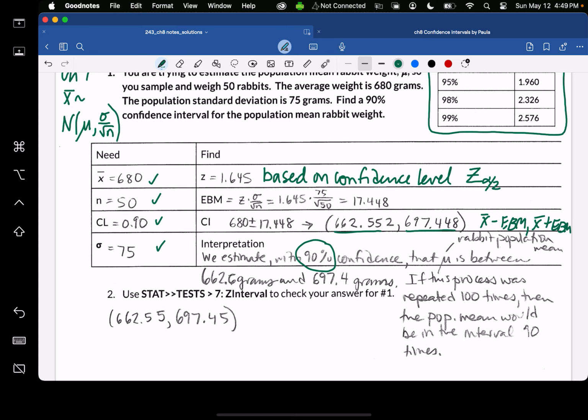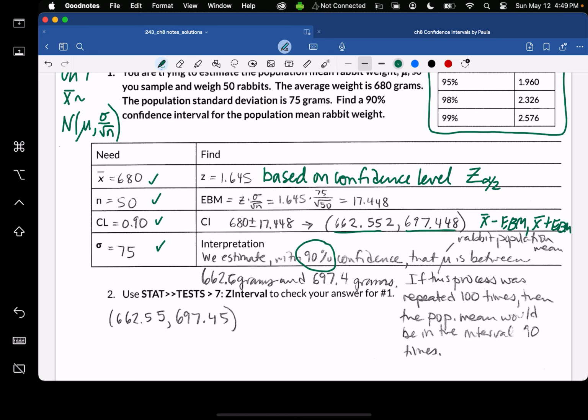Now, again, I'll show you a slide about this, but if we repeated the sampling process 100 times, which we probably don't have time to do, but this means going out and weighing a bunch of rabbits and getting a sample mean. Going out, weigh a bunch of rabbits, get a sample mean.